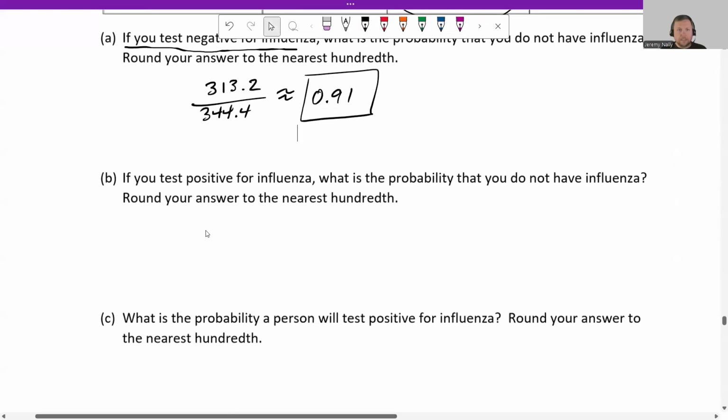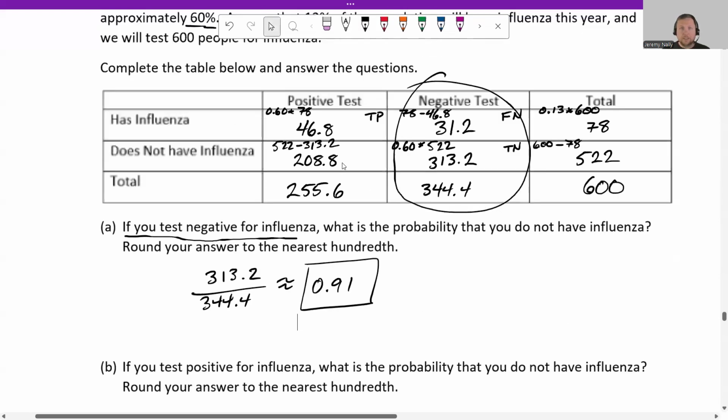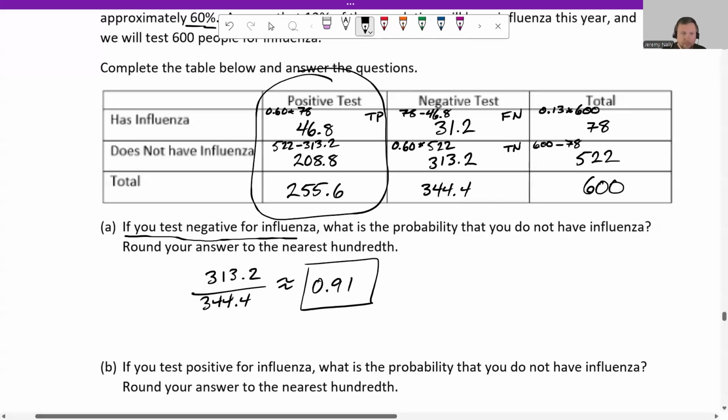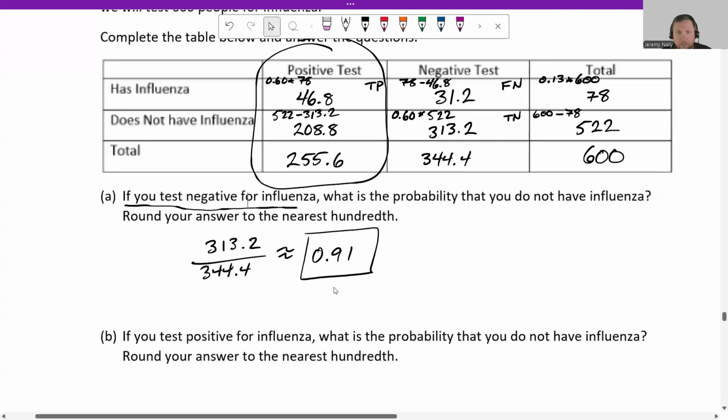Okay, we test negative for, or I'm sorry, test positive for influenza. What is the probability that you don't have it? So now we're just looking at the positive test column because of the given condition. And then does not have, so 208.8.